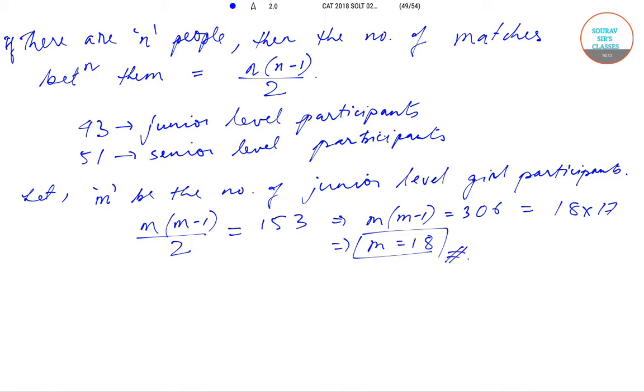So therefore we have 18 junior level girl participants.